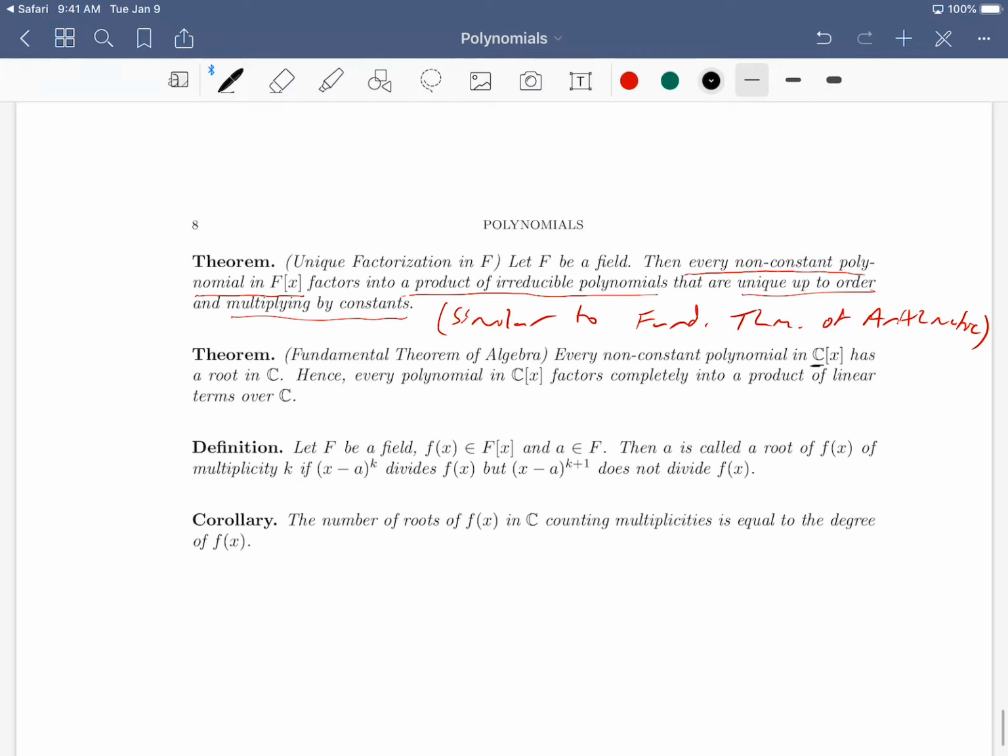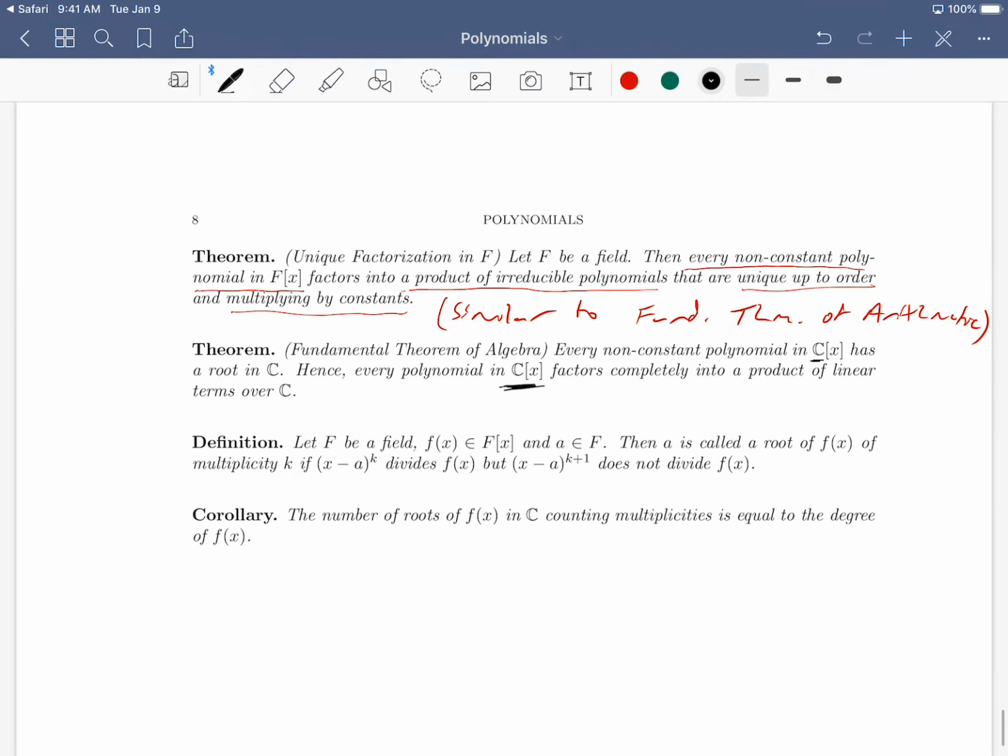And so what that means is I can take any polynomial in C[x] and factor it completely by pulling out all those linear terms for every single root. So I can factor it completely into a product of linear terms over C.